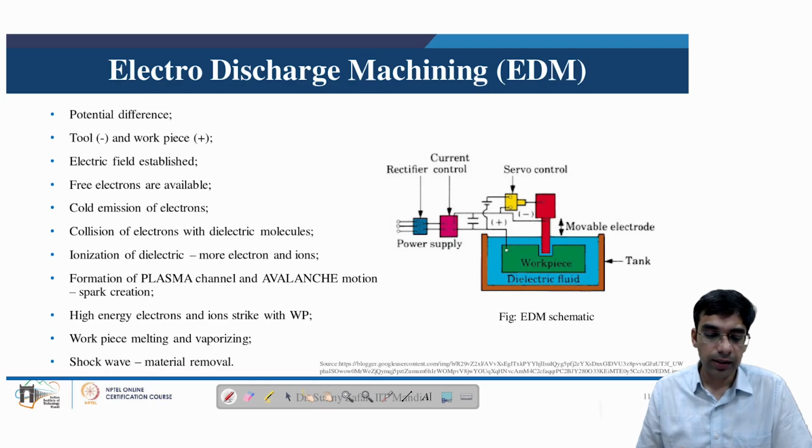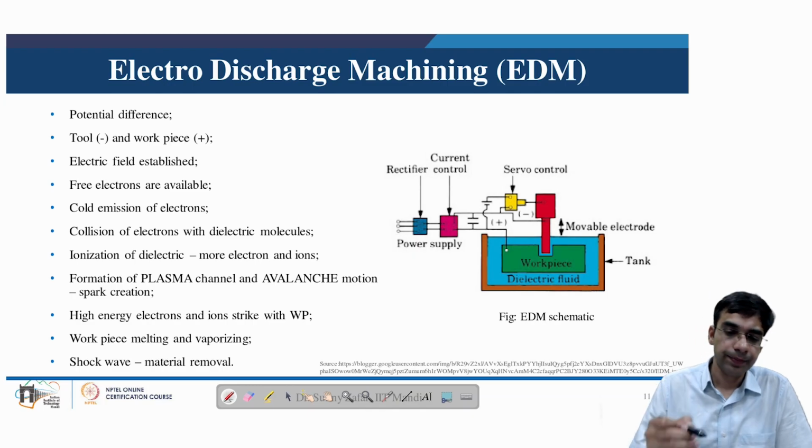So a plasma channel is formed, and there is an avalanche motion which creates the spark. So high energy electrons and ions strike the workpiece, and subsequently this leads to melting and vaporization of the workpiece. And because of the collapsing bubble of the dielectric fluid, a shock wave is generated, which also further helps in removal of material.